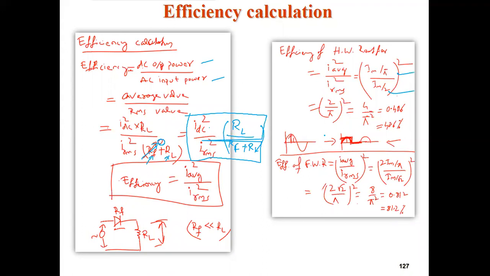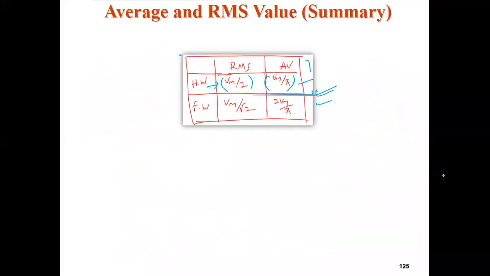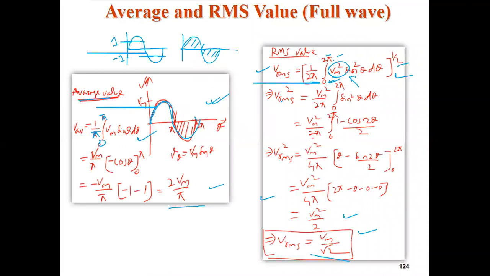And if it is for a full wave rectifier, then you apply the DC value and RMS value of the full wave. So that's why the table which I told you, you must remember, as well as the derivations which we did.